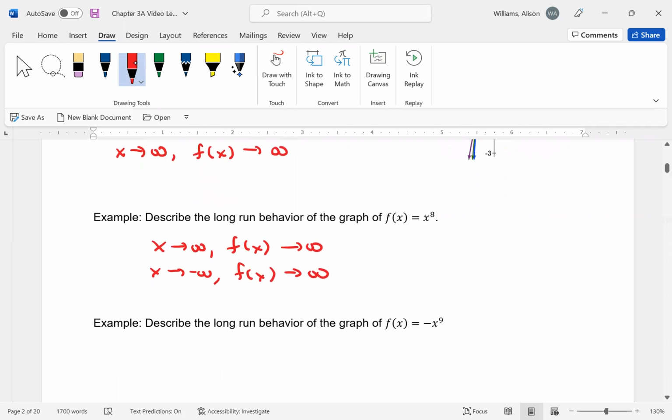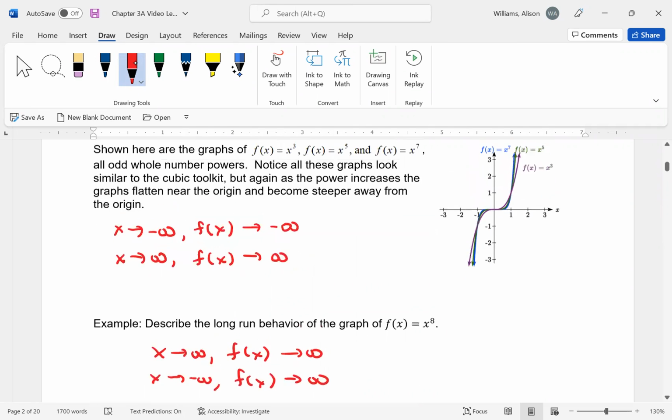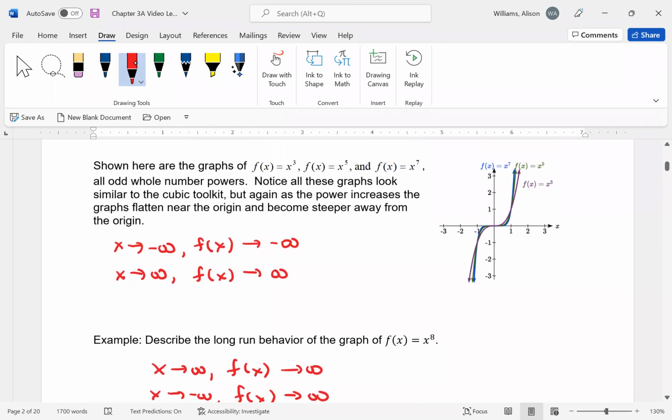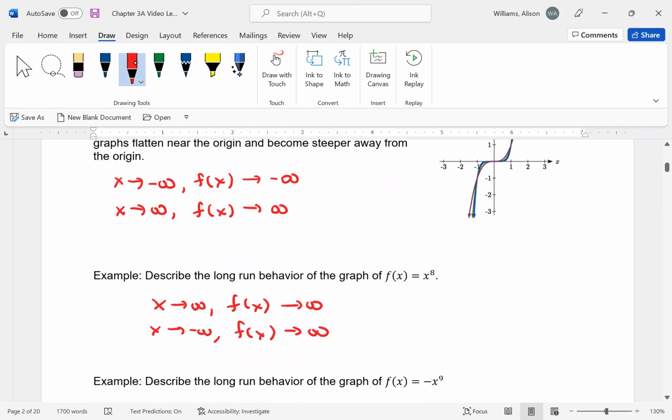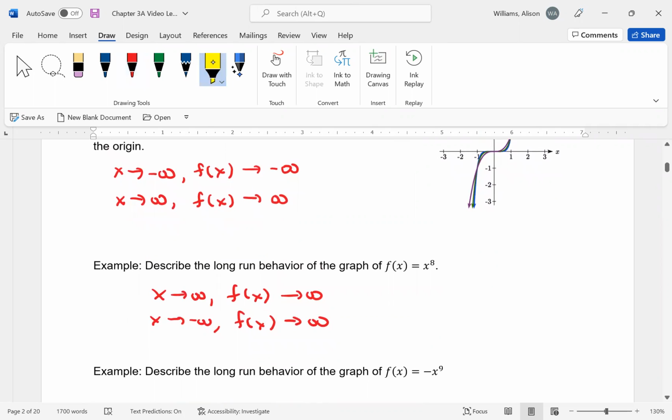Okay, this graph here has an odd power, so I think it's going to look similar to these graphs here with the odd powers. However, it does have a negative in the front. A negative makes it reflect. We know what that does. So instead of climbing up like this, it's going to go the reverse direction, like that.